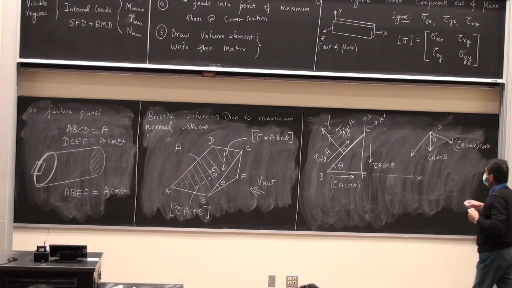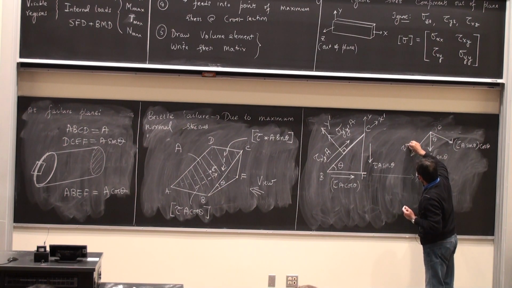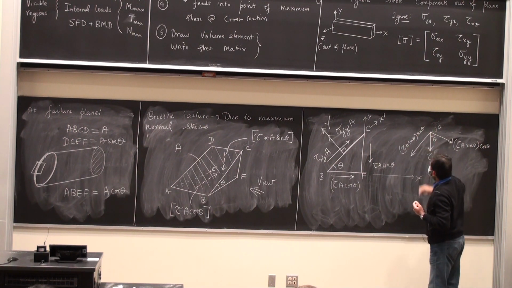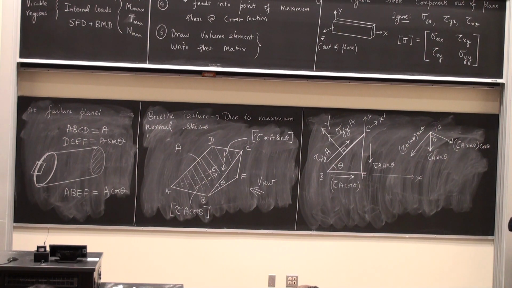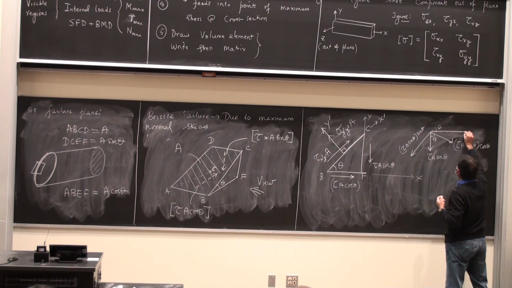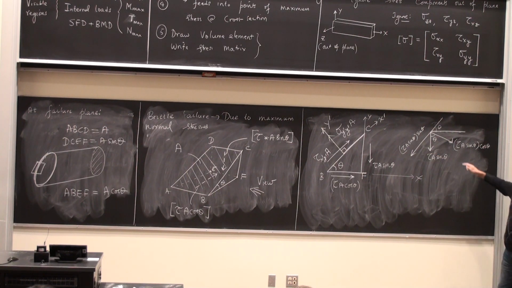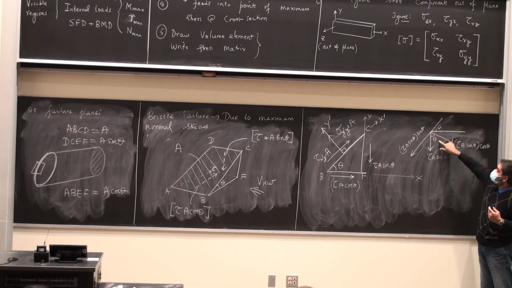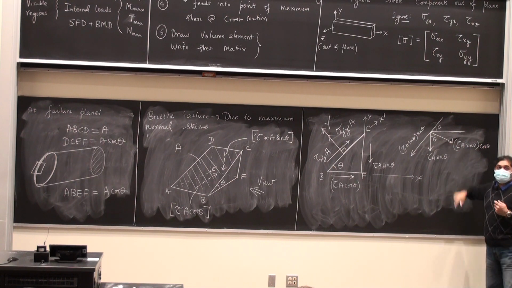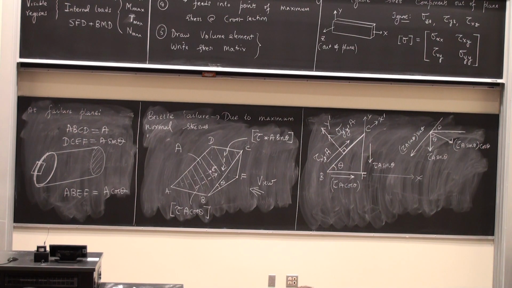Then I'm going to have tau A sine theta times sine theta. That's the other component. This is my x-axis. This is the angle theta. If this angle is theta, this is 90 minus theta, so this becomes theta. Just using components.